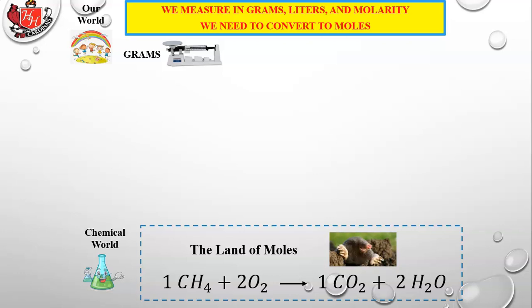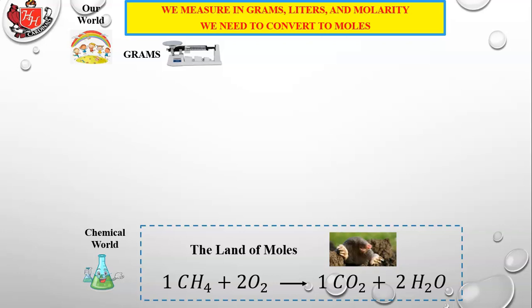So this equation, what it does is it counts numbers of particles. It's not interested in weight. It's not interested in grams. It's interested in having 1 molecule of CH4 for every 2 molecules of O2. You put them together to get 1 molecule of CO2 and 2 molecules of H2O.